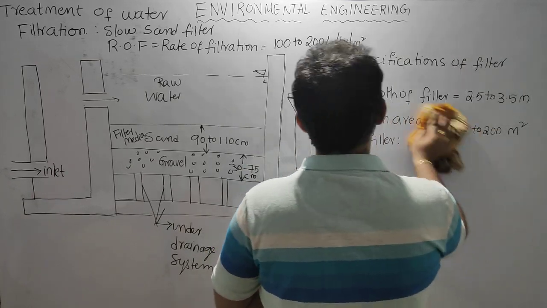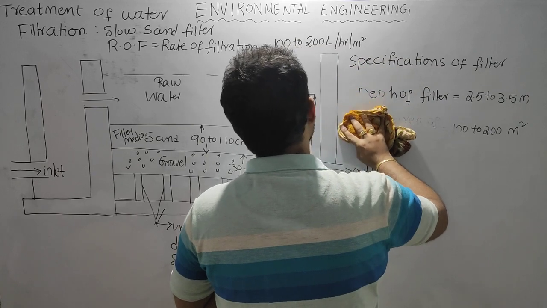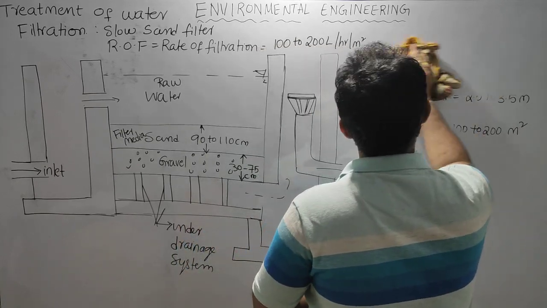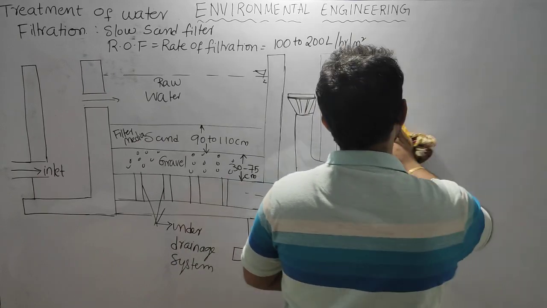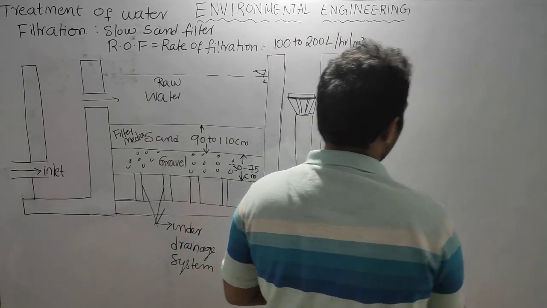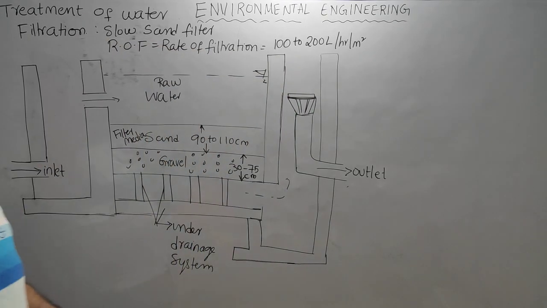Next is the operation procedure of the filter. How this filter works, I already told you, but we will discuss it elaborately. All the filtration takes place mostly at the surface of the sand. After some time during usage, whatever impurities are present in the water settle on the top surface of the sand.